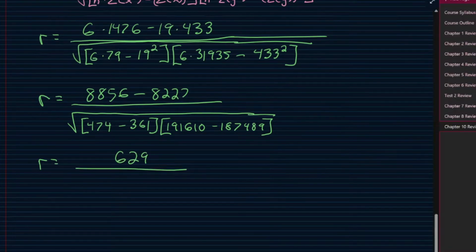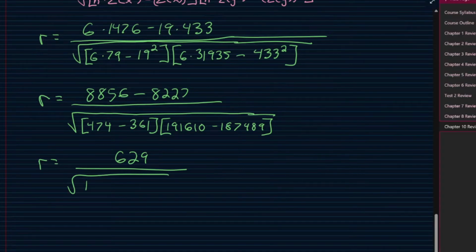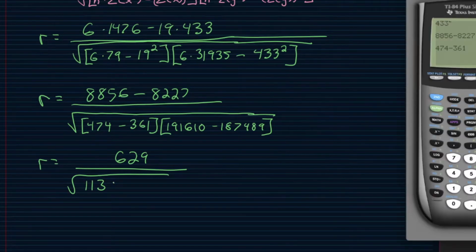Over the square root of, what's this first bracket? 474 minus 361, 113, and times the second bracket, 191,610 minus 187,489 is 4121.